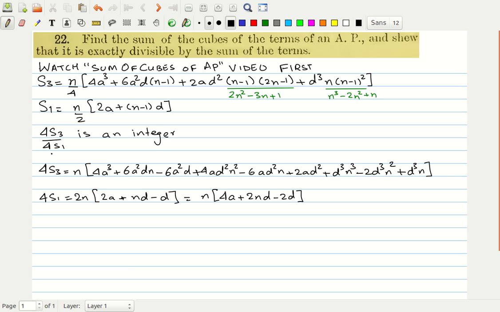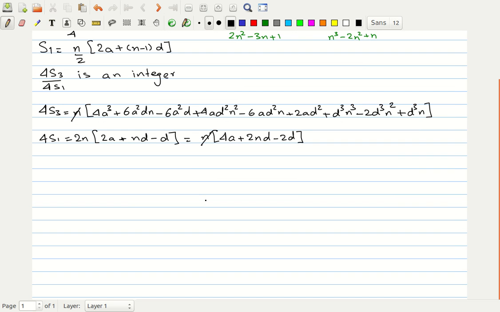Now, if we divide 4S3 by 4S1, we know that this n and this n will simply cancel out. So all we have to do now is the long division.